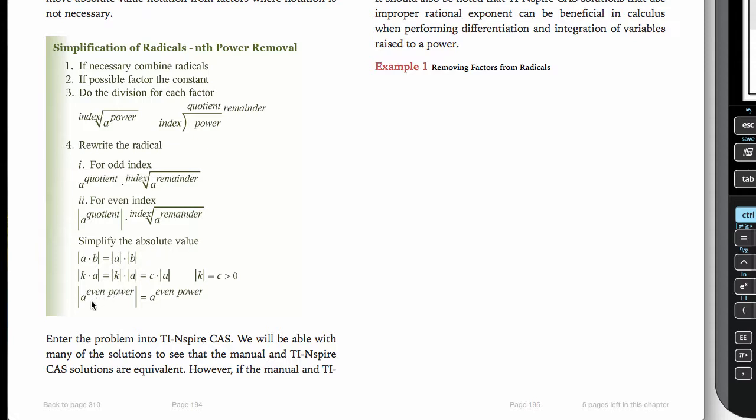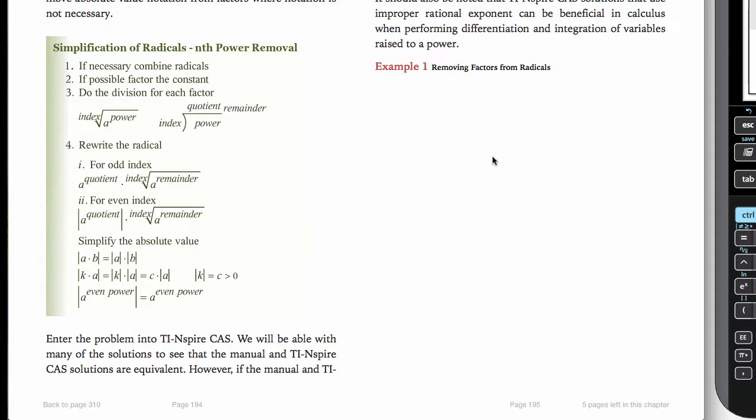If we have an absolute value of a number with an even exponent, there's no need for the absolute value, so it can be dropped. When you're dealing with textbooks, a lot of times they will just say that we're only dealing with positive numbers, so they will not have to handle all these situations with absolute value in the answer.